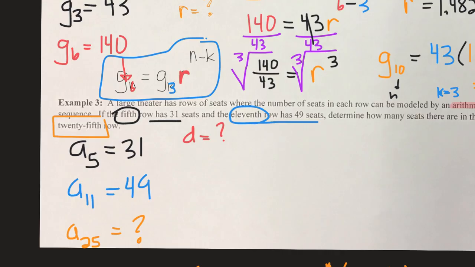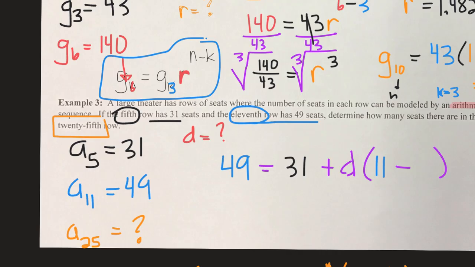So, A sub n, that's going to be our 49. 49 is the term that we're looking for. Our other term is 31. We don't know d, but do we know n and k? Yes, we do. 49 was our what term? That was the 11th term.